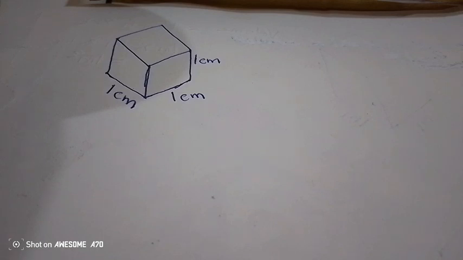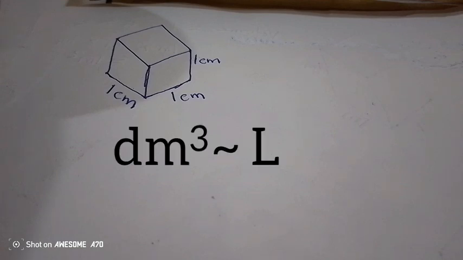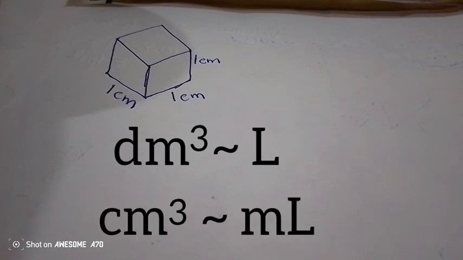A very, very important point: scientists are no longer using, or are gradually phasing out the use of dm³ and cm³. In place of dm³, a liter is used, while in place of cm³, we have milliliter being used.